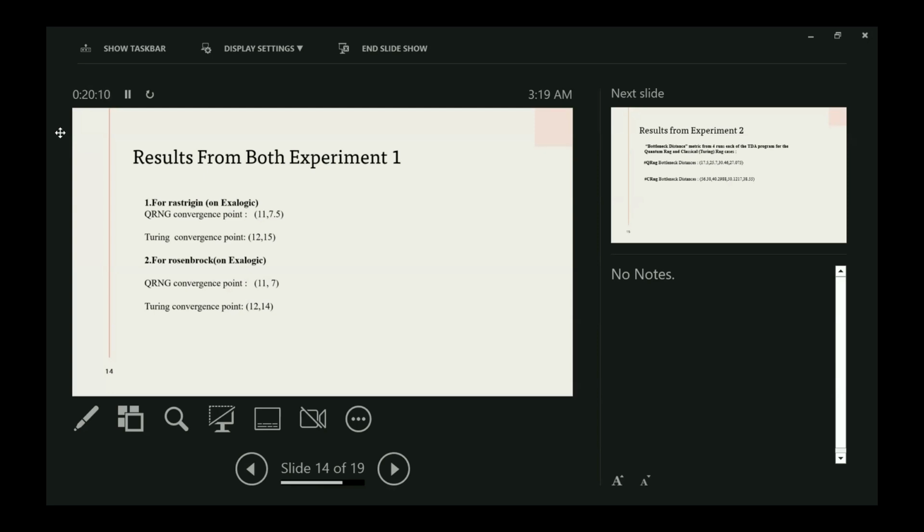You can see that in terms of the number of generations, consistently for both Rastrigin and Rosenbrock, the number of dimensions for the QRNG is exactly half. You can see for the Rosenbrock also, 7 and 14, you can compare.